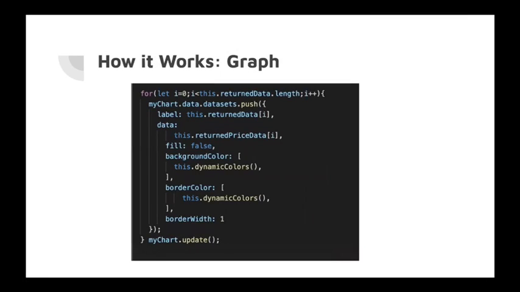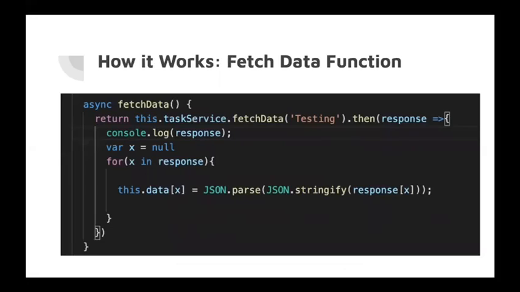Now we're going to talk a little bit about the code for our graph. This code is looping through our data from our SQL library, and it's pushing a new line graph to display on our front end. It's fetching our data from our MySQL and pushing it to our front end to display on our graph.